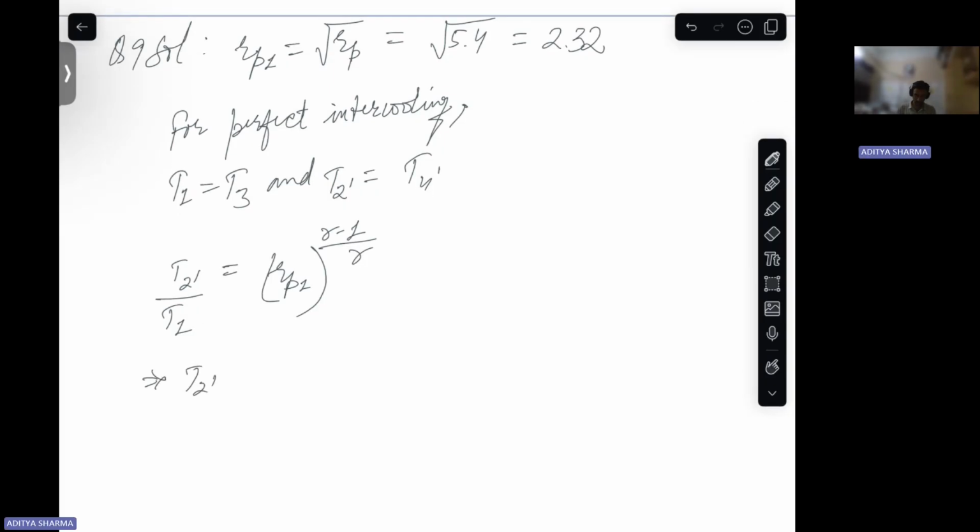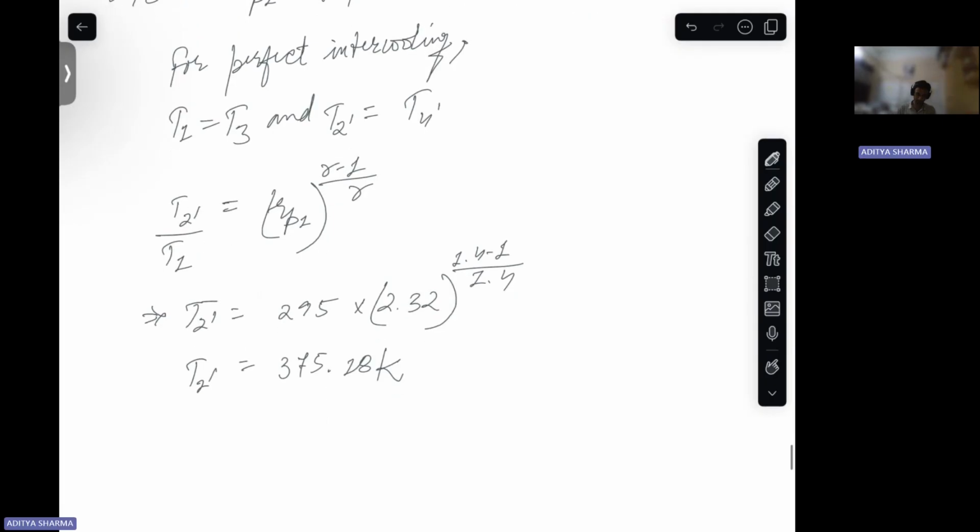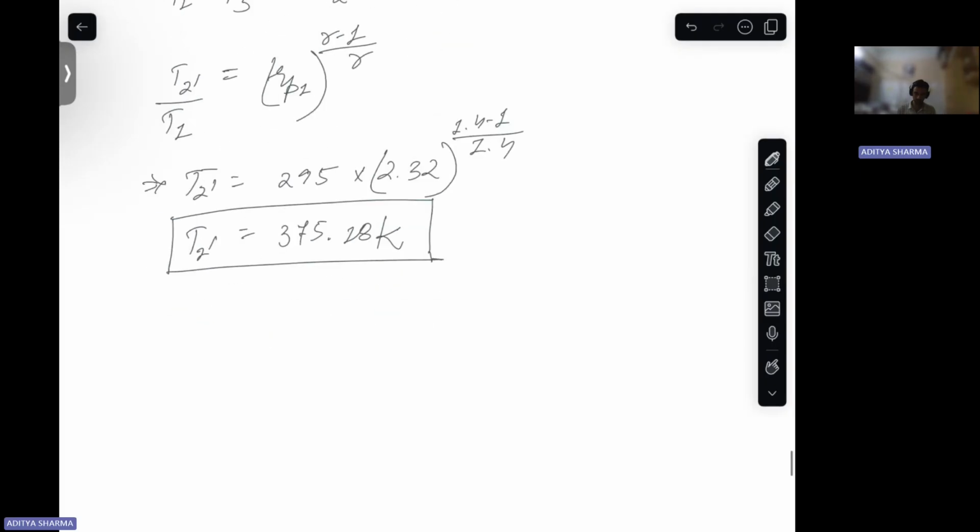Implies T2 dash is equal to T1, how much is T1? 295 into 2.32 raised to power 1.4 minus 1 divided by 1.4. If you solve this, it will come out to be 375.18 Kelvin, T2 dash. Then with the efficiency you can calculate T2.